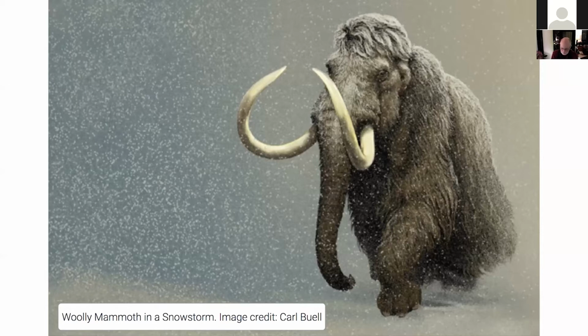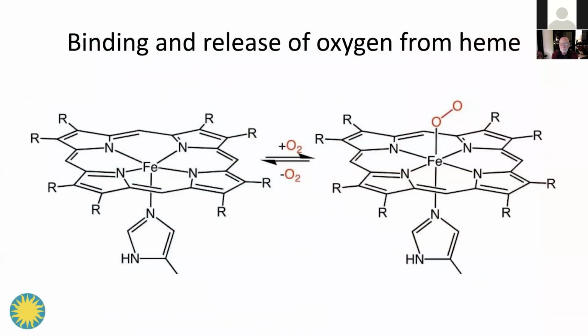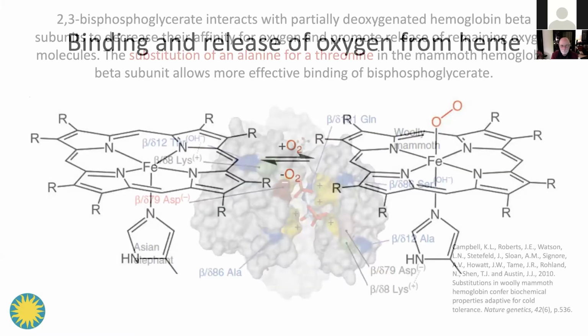And some scientists ask a very interesting question about the mammoth. They wondered if mammoth hemoglobin releases oxygen in the cold more efficiently than it does in humans or in today's, for example, African elephants.